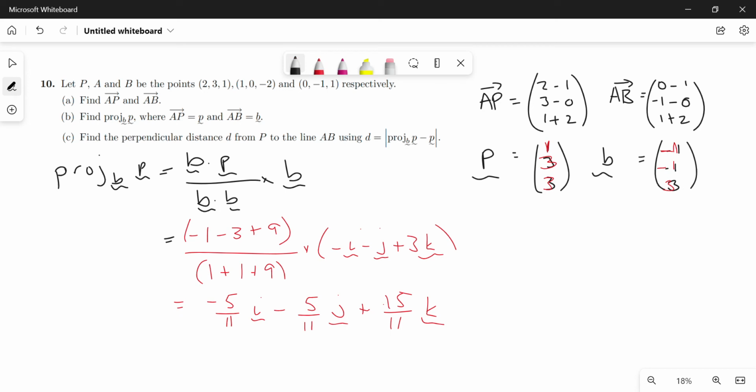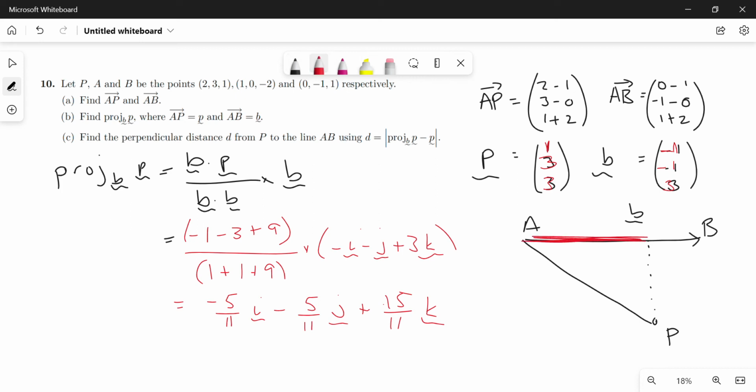So when I'm looking at the next part of the question, what I'm really looking at is I've got some line AB, let's go like this, and that's what we've called vector B. That's my vector B across there. And I'm projecting P, which was AP, let's say it's over here, onto that line. So the projection is actually that line there.